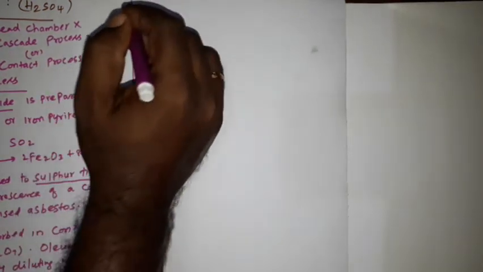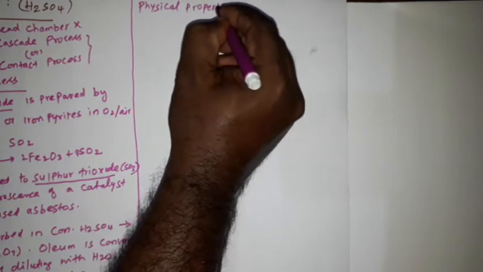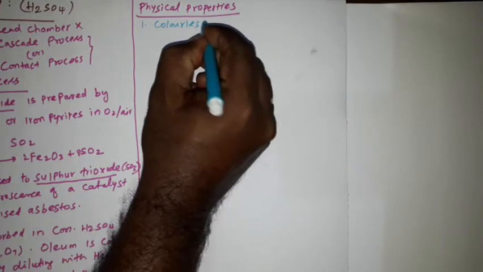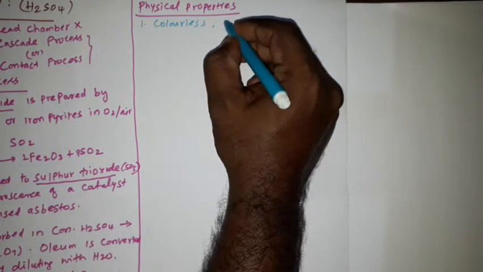now physical properties of sulfuric acid. So in physical properties of sulfuric acid generally it is colorless. Okay, then viscous liquid.